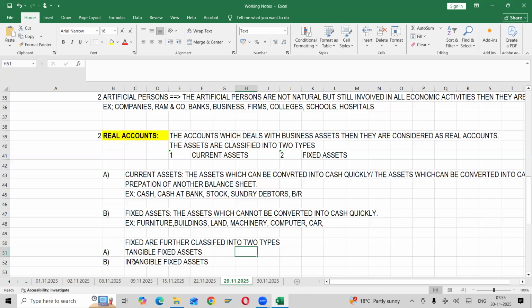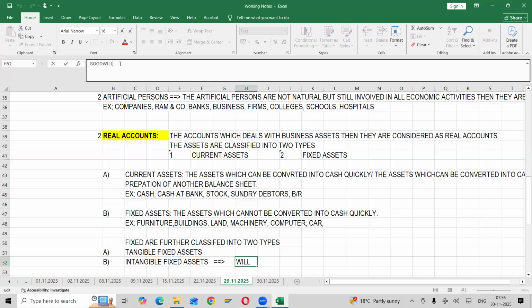What do you mean by intangible fixed assets? That is an asset for the business, but which we can't see and can't touch. We can only feel it. For example, goodwill, nothing but brand name, which we can't see or touch, but it is an asset to that particular business. Customers will blindly buy and take the services, so that is considered goodwill; everybody knows it.